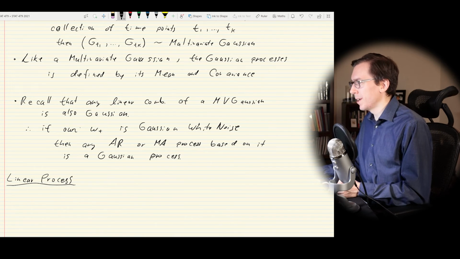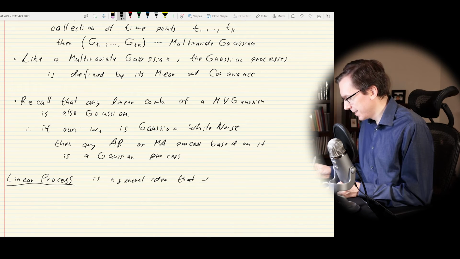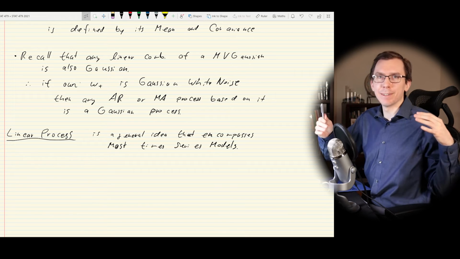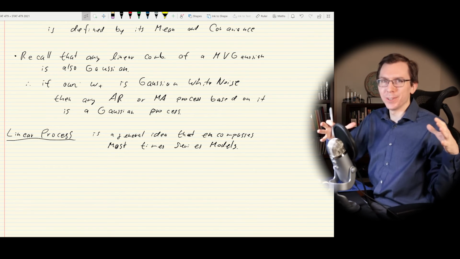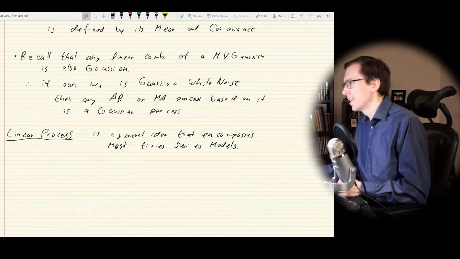A linear process is a general idea that encompasses most time series models. So the linear process is going to be something much like the Gaussian process that's going to show up all throughout the time series models that we'll be looking at in this course.